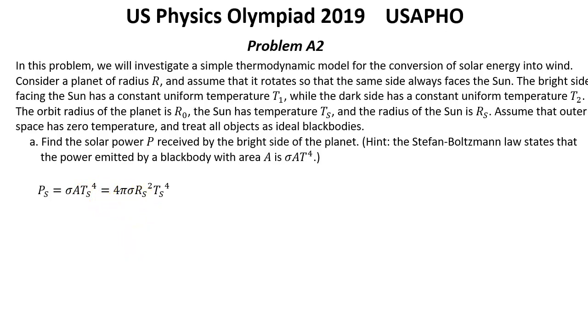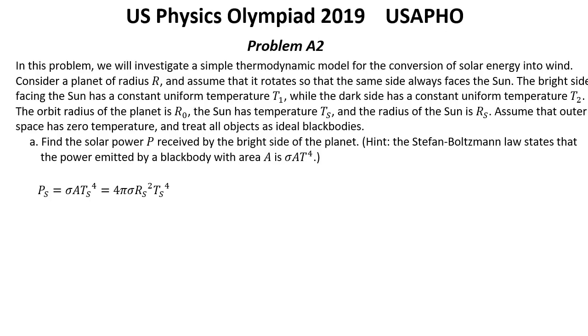This power goes uniformly away from the sun, so at a distance R0 the area of the sphere through which this power goes is 4 pi R0 squared, and only a small part of this power goes through the cross-sectional area of this planet, which is pi r squared.